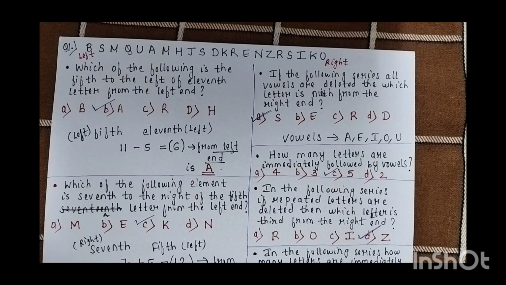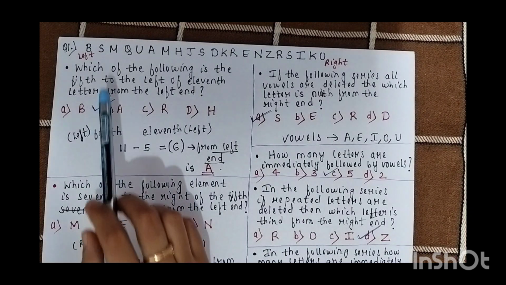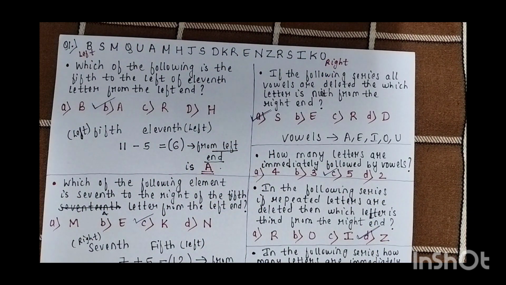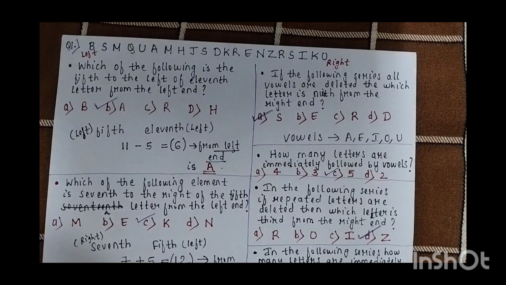The first question is, this is the series given to you. So first we will solve. This is an alphabet based series, only alphabet based series. So this is the first type.